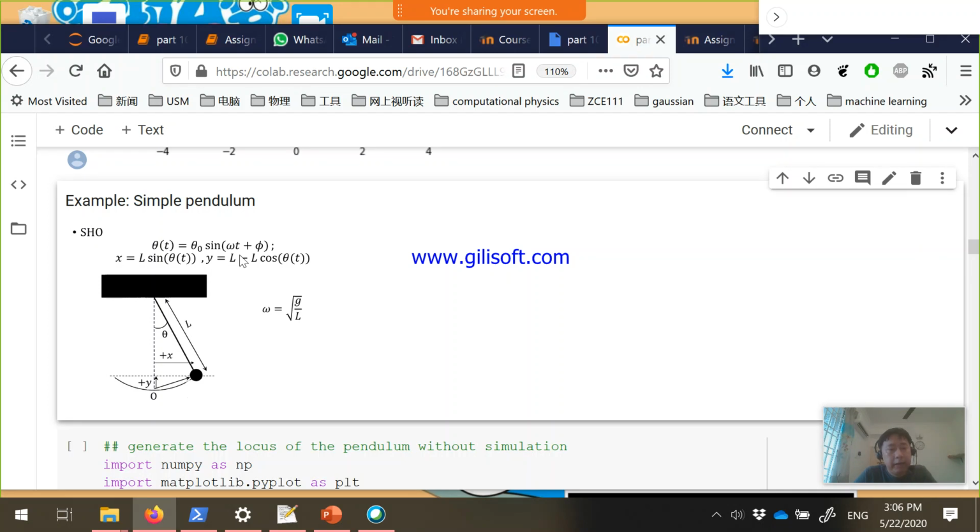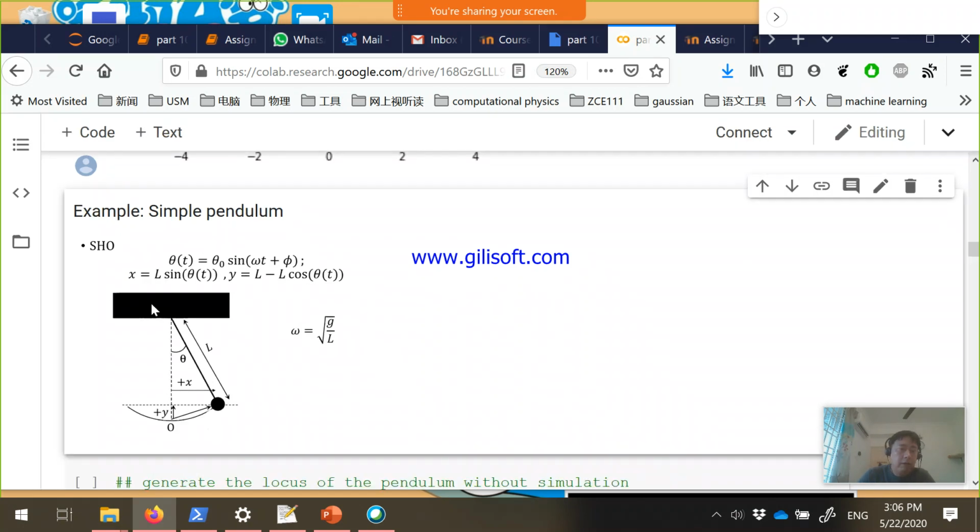The x and y shown on my screen refer to a set of parametric equations. t is the parameter, and x and y refer to the coordinates. If you are given a set of parametric equations for the coordinates x and y, then when t changes, the position of x and y changes.